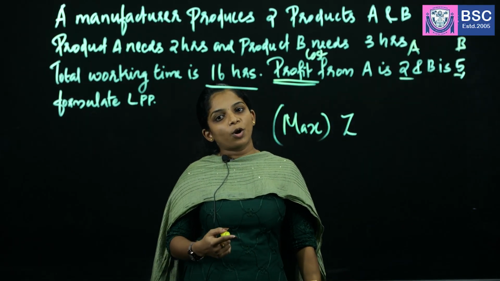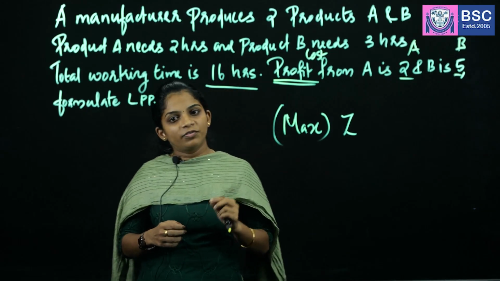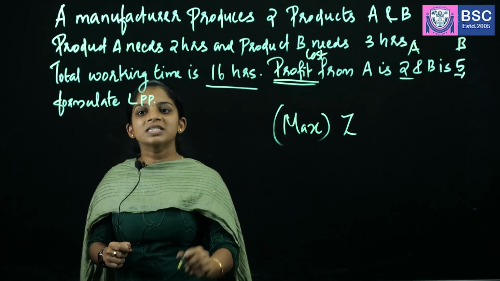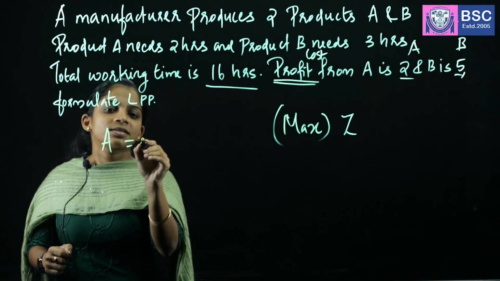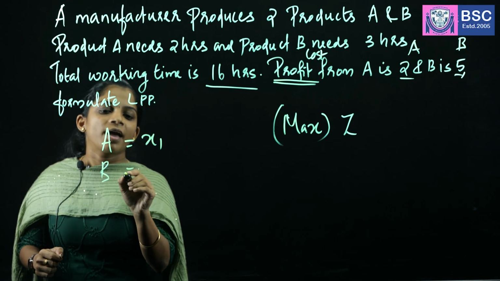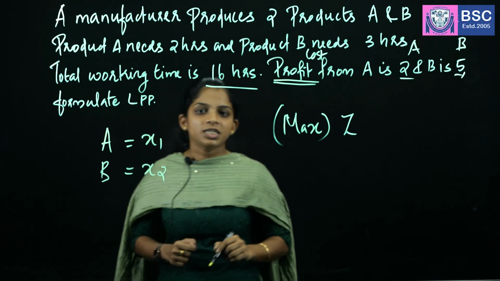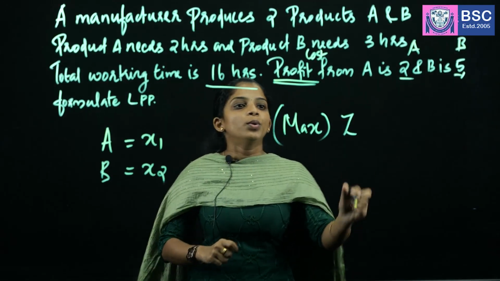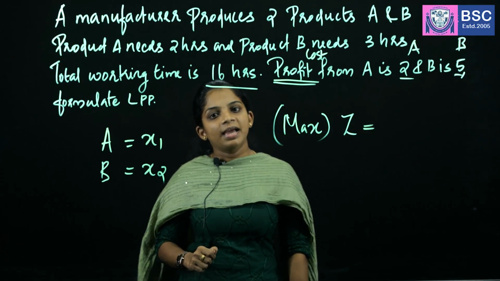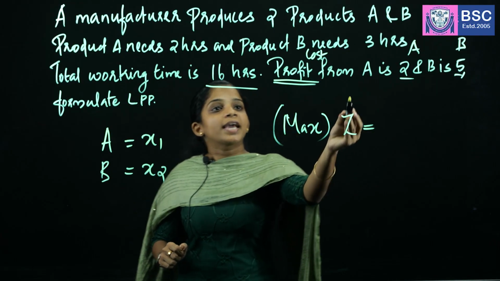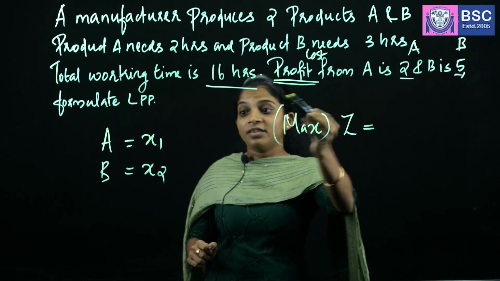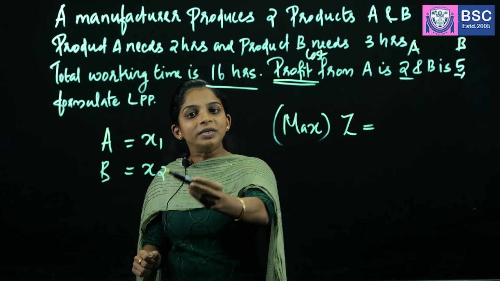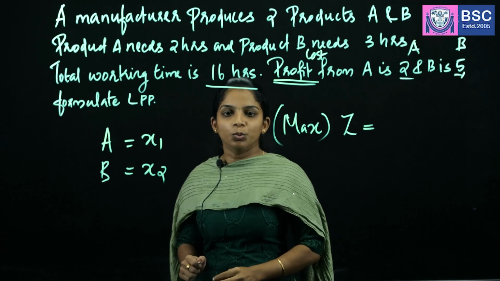Now for solving this problem in an accurate manner, or for mathematically representing these values, I am just giving A as x1 and B as x2 for illustrating it in mathematical form. So first we need to set our objective function, and in this objective function the value of A is x1 and x1 is required to get a profit of rupees 2.